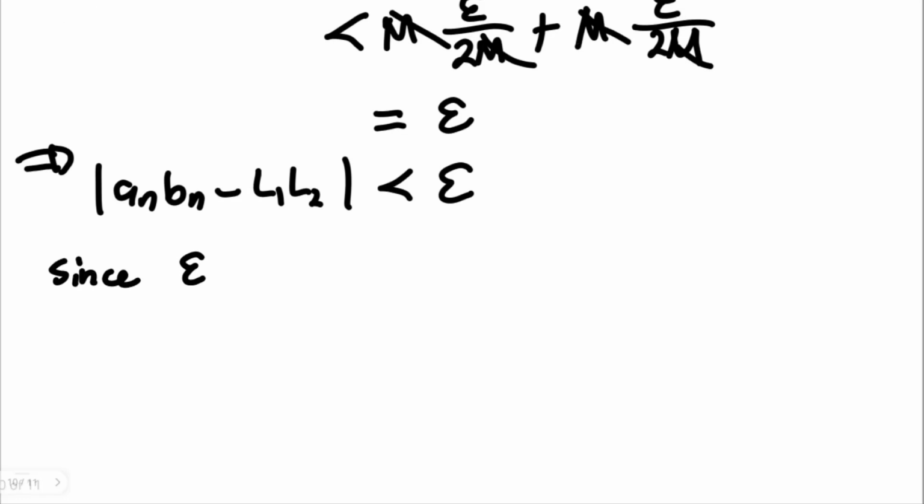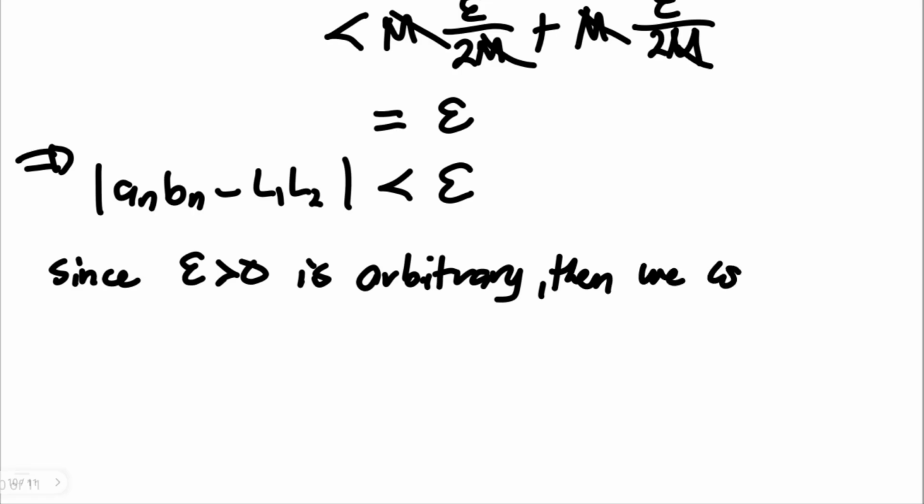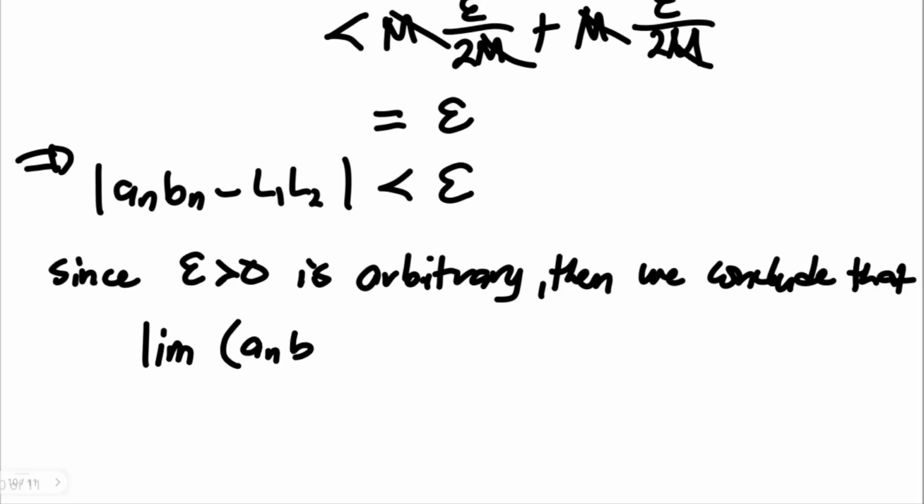Since epsilon greater than 0 is arbitrary, then we conclude that the limit of the product of two sequences is equal to the product of their limits. This is the end of the proof.